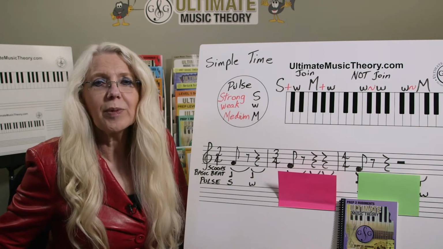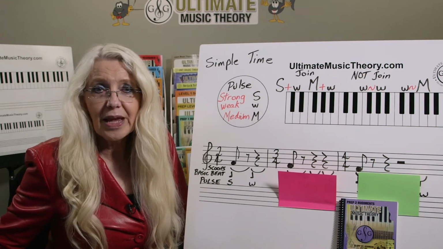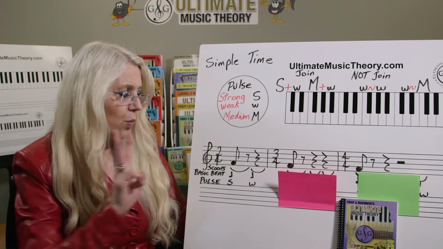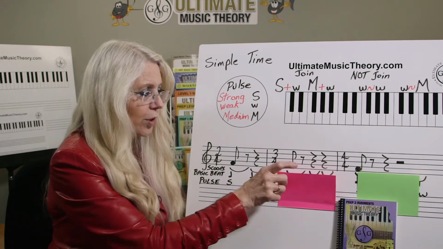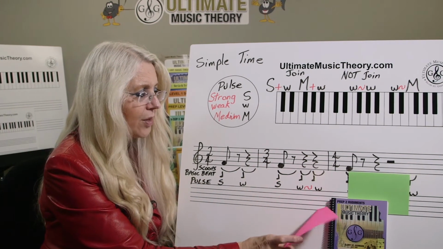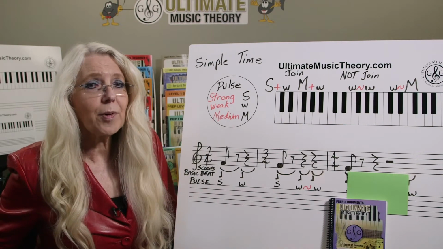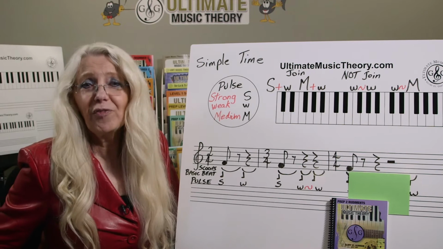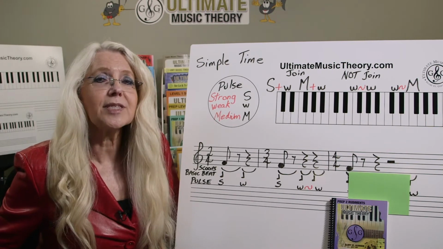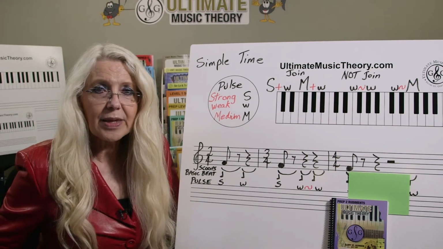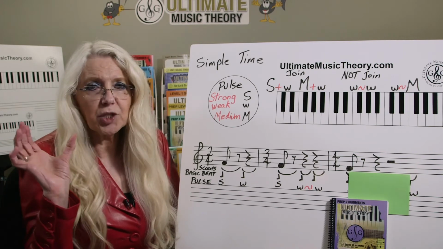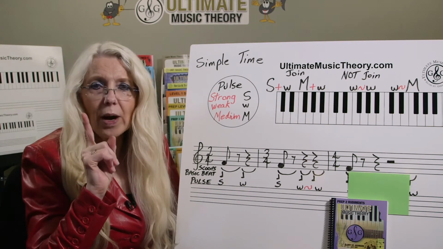And the pulse here will be strong, weak. When the top number is 3, there will be 3 quarter note values per measure, and the pulse will be strong, weak, weak. When the top number is 4, there will be 4 groups in each measure with a pulse of strong, weak, medium, weak. So the scoop is a visual aid in representing 1 beat.